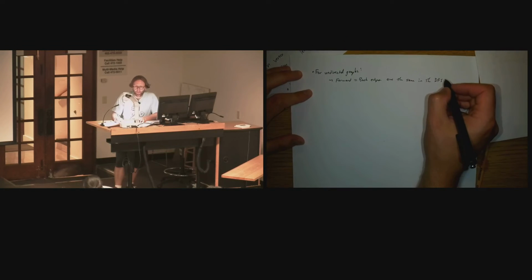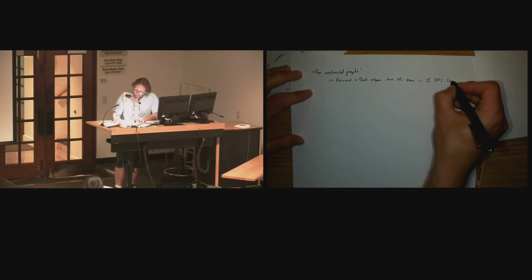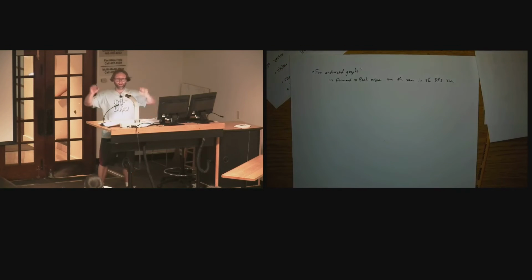Now again, I am calling it tree, but it could be a forest, right? Even with an undirected case, if you've got disconnected graphs, ABC over here, XYZ over here, but there are no edges between those two components, we call those components, then you can also have a DFS forest, and you might need to start over again.